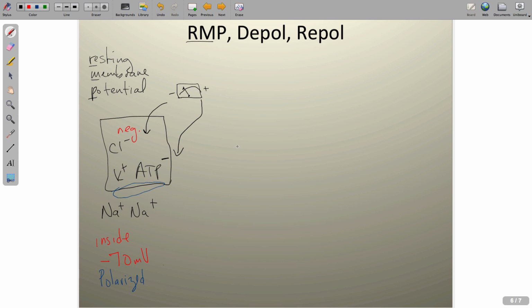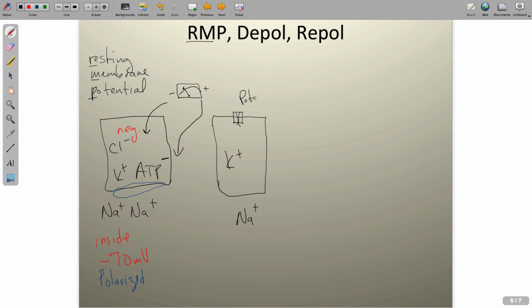So the next step is, let's look at what happens if this cell membrane allows movement of ions to take place. So I'm just going to draw sodium, and I'm just going to draw potassium in here. Now there are going to be these little channels, these little areas inside the cell membrane that allow for movement of potassium. They're called potassium channels.